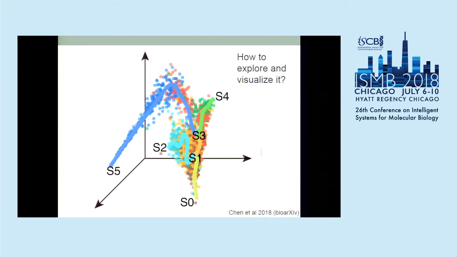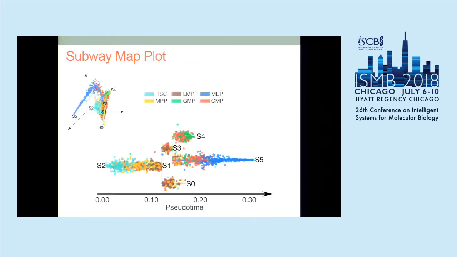But we know that the structure is still in 3D or even in higher dimension. How can we easily explore and visualize it? First of all, we propose the subway map plot at the single cell level. When thinking of a subway map, we are more concerned about how to get to different stops. We don't really care about the distance between the different sub-branches.